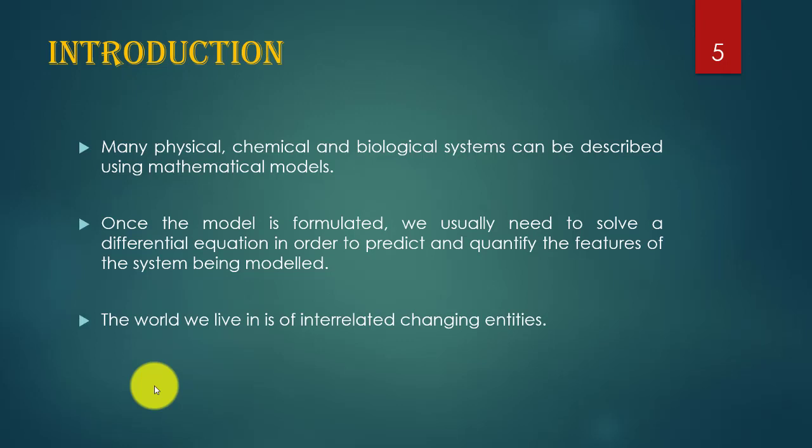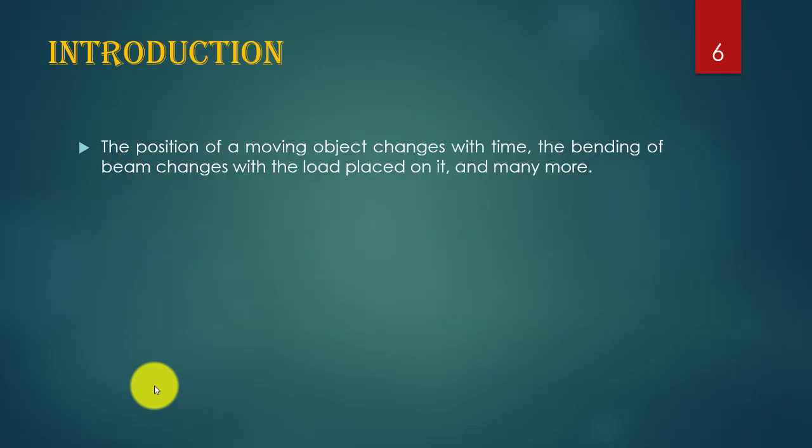The world we live in is one of interrelated changing entities. Now, the position of a moving body or a moving object changes with time. And also the bending of a beam changes with the load placed on it, and many more.